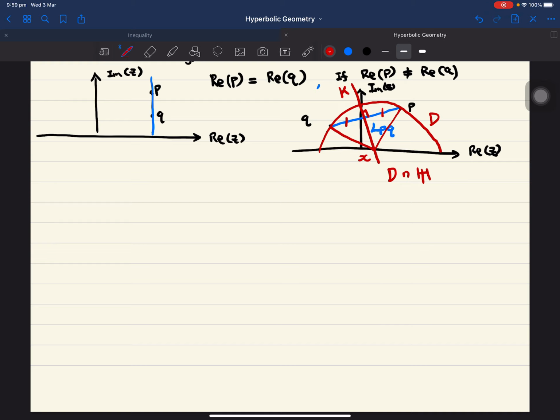And so the first difference between Euclidean geometry and hyperbolic geometry is the number of parallel lines.